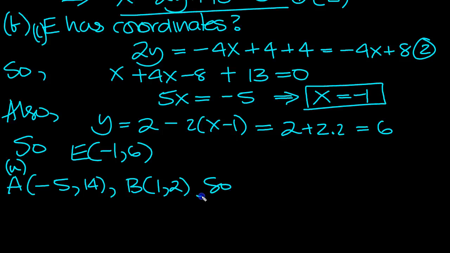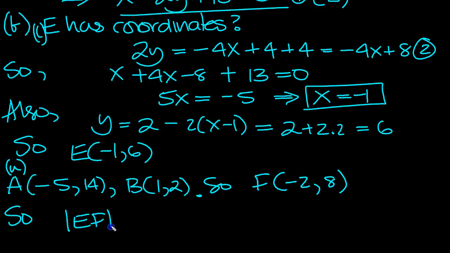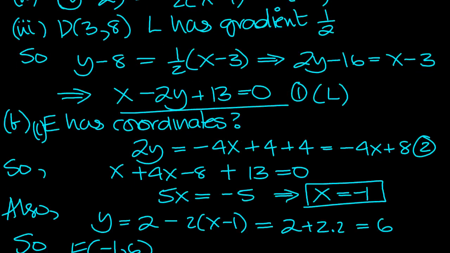So F has coordinates then, add them. 1 and minus 5 is minus 4, divide by 2 is minus 2. 14 and 2 is 16, divide by 2 is 8. So there's F. E has these coordinates, so the length EF then, the distance between E and F, that's what the question asked us for.